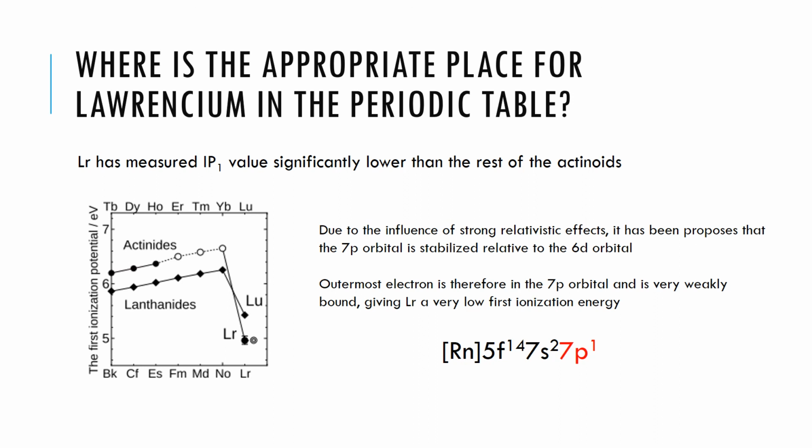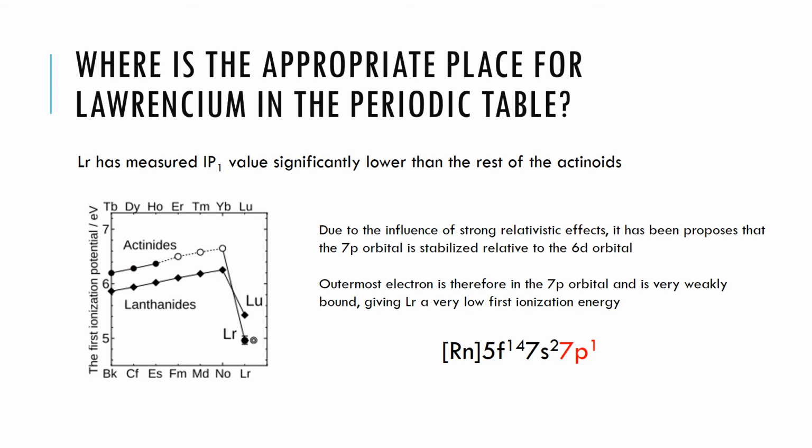The 7p orbital is lower in energy than the 6d due to these relativistic effects, and the electron within that 7p orbital is very weakly bound. As a result, that explains the very low first ionization potential for lawrencium.